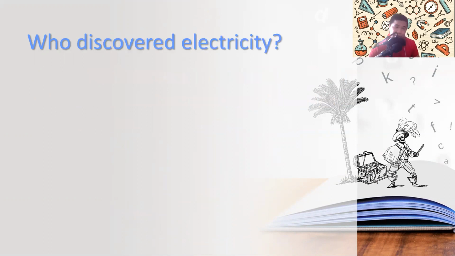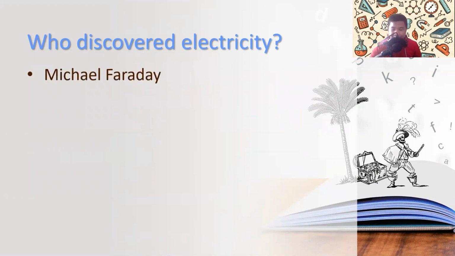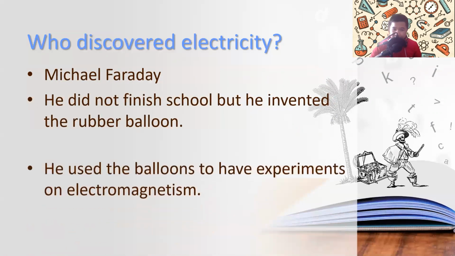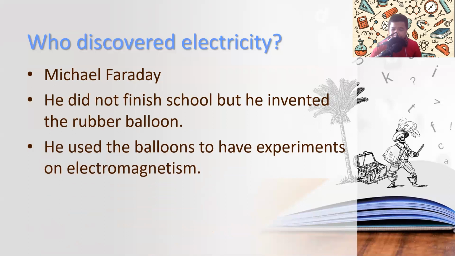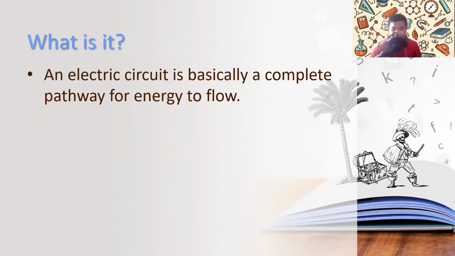Now, the first question is, who discovered electricity? It's this guy. He is Michael Faraday. He did not finish school, but he invented the rubber balloon, and he used the balloons to have experiments on electromagnetism. Now, what is an electric circuit?